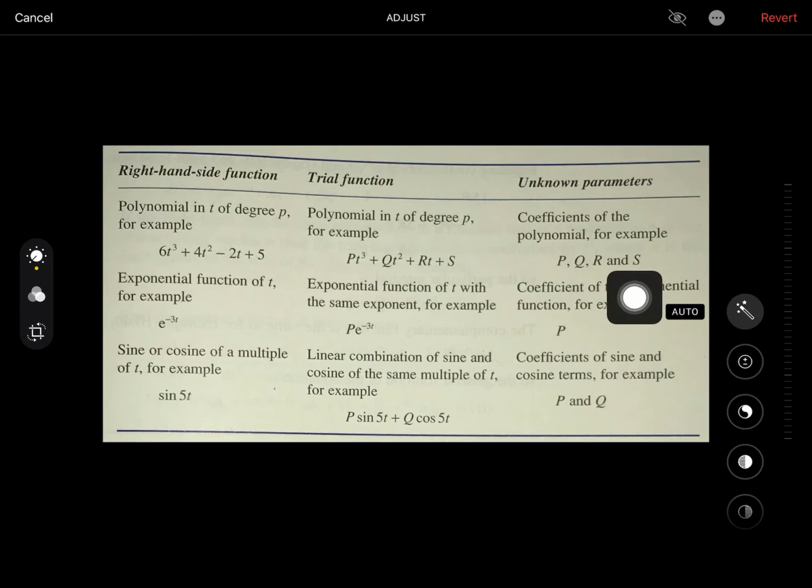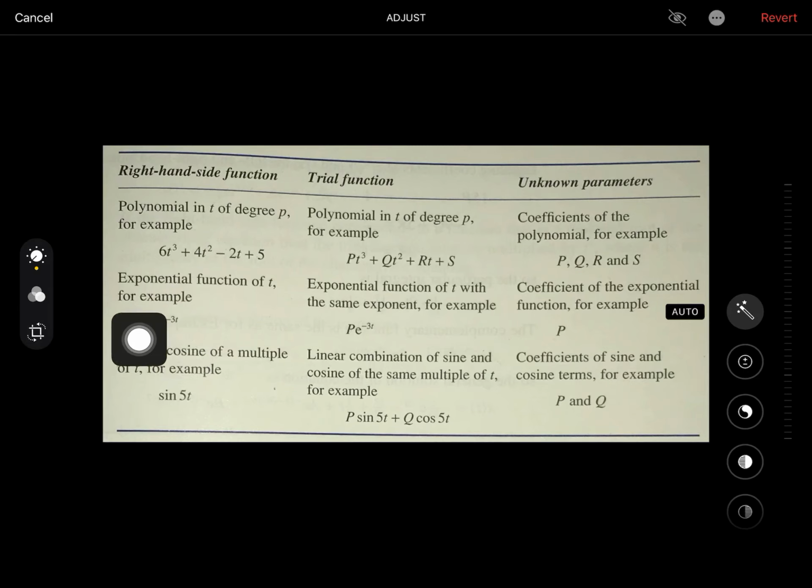In this case, we have 4 coefficients that we need to find. If the right hand side is a quadratic function, where the biggest power of t is t power of 2, the trial function should be quadratic as well.